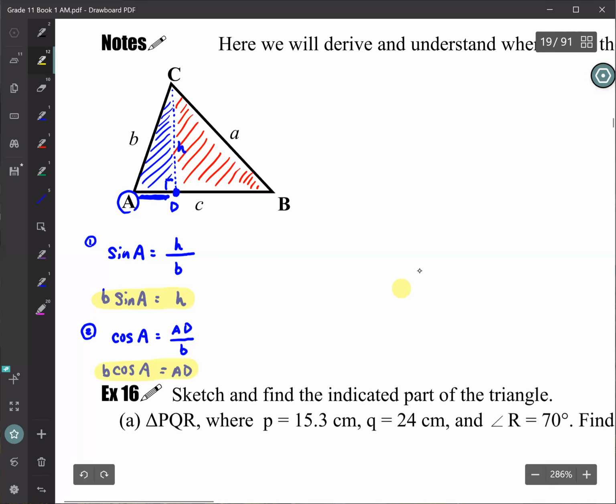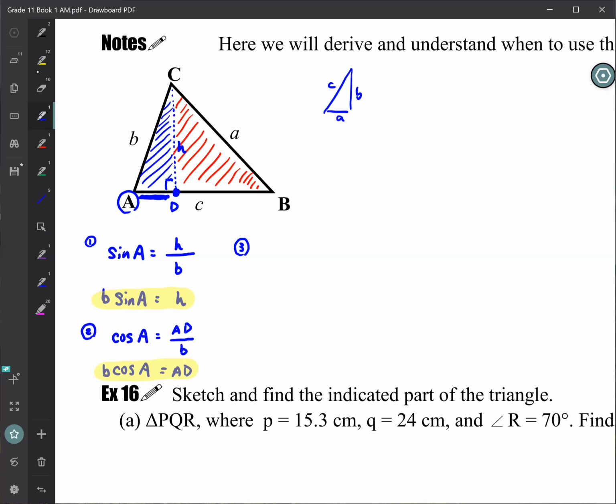Okay, so once you get here, the next thing we're going to do is continue looking at the left, the blue triangle, okay? Because it's a right triangle, we can apply the Pythagoras. Pythagoras says a squared plus b squared equals c squared, right? So a is the AD, okay?